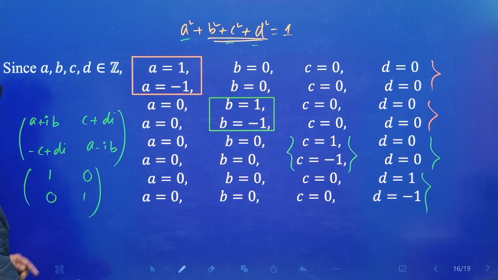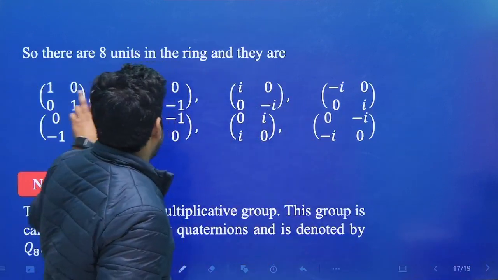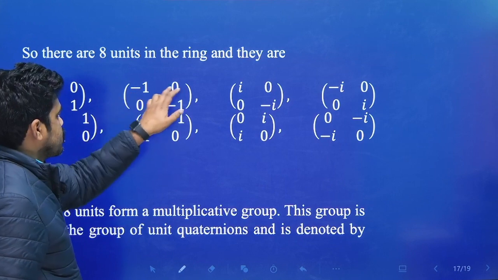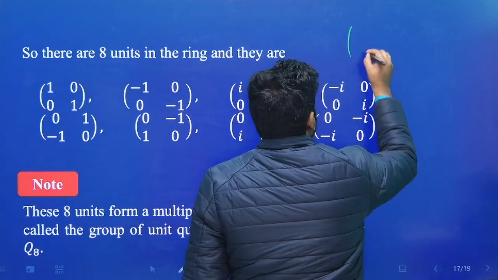Next a is equal to minus 1 b is equal to 0 c 0 d 0, ঠিক। এরকম পাচ্ছ, ঠিক। তাহলে এরকম দেখো টোটাল তুমি 8টা ম্যাট্রিক্স পেয়ে যাও, 1 0 0 1, minus 1 0 0 1, জাস্ট ভ্যালুগুলো পুট করো। কোথায় পুট করবে?